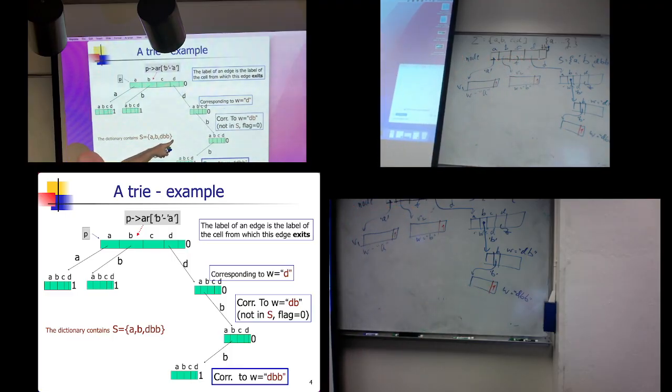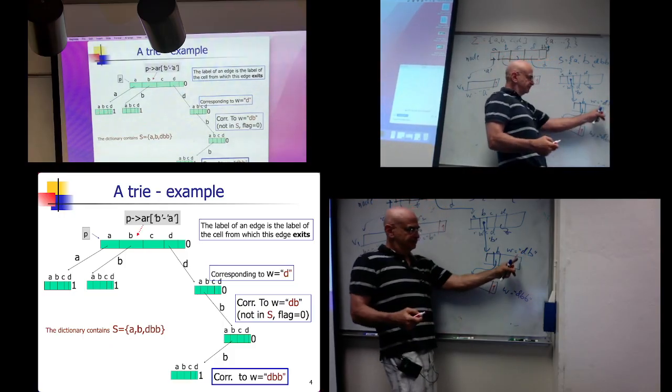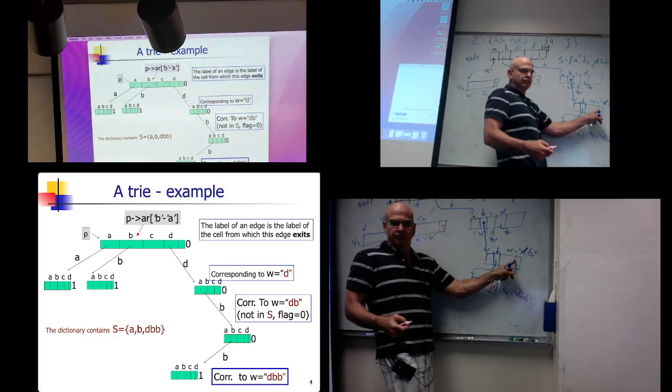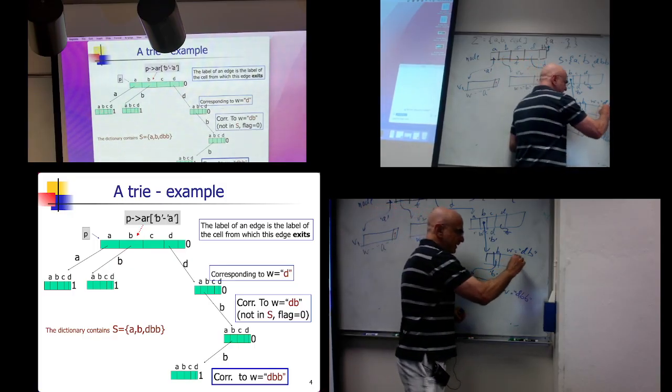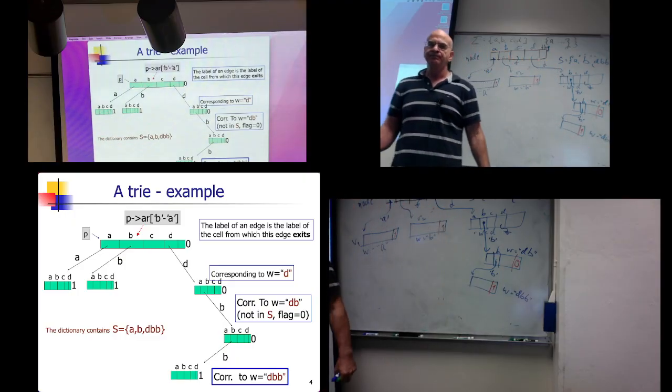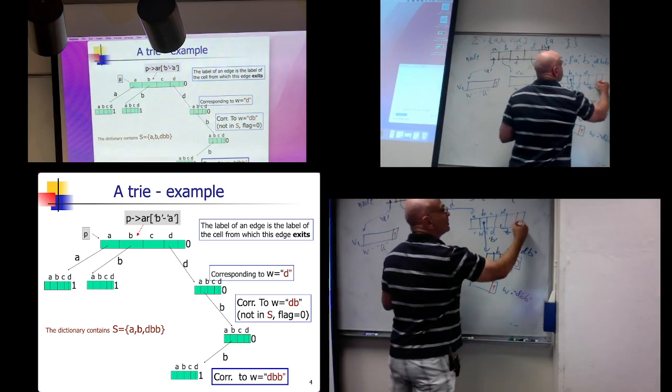That corresponds to the word DBB. What is the flag over here? 0, because DB at the moment is not in my class, not in S. The same goes for this one over here.